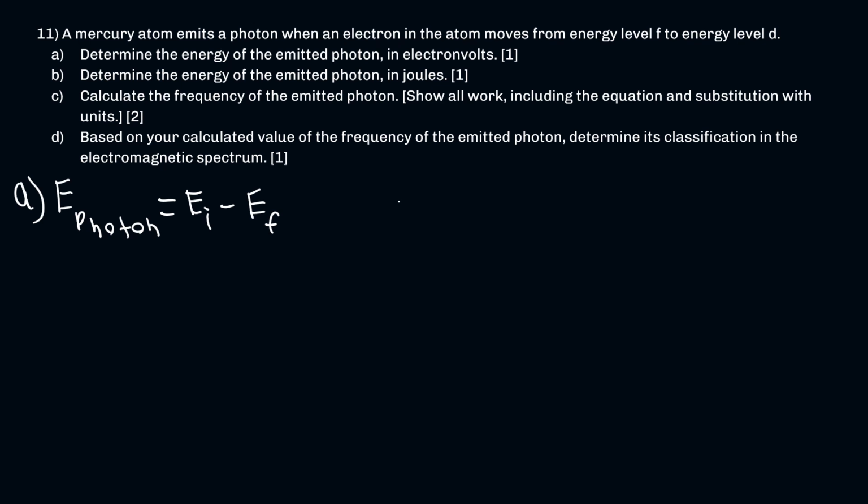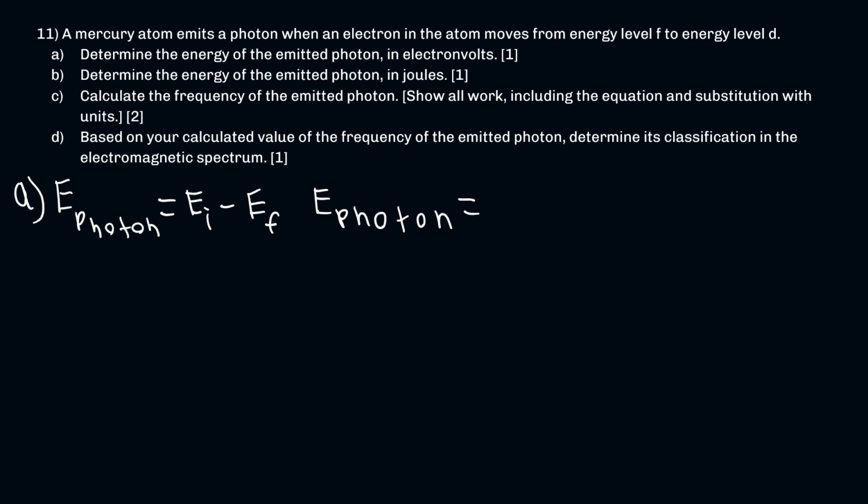So we're going to use this equation and the energy level diagram in the reference table to get my answer for part A. You don't have to write out the equation here all the way because it's not a show your work question, but I would recommend it because it is good to get in the habit of doing all of the equations and making sure you know where you went wrong if you did make a mistake.